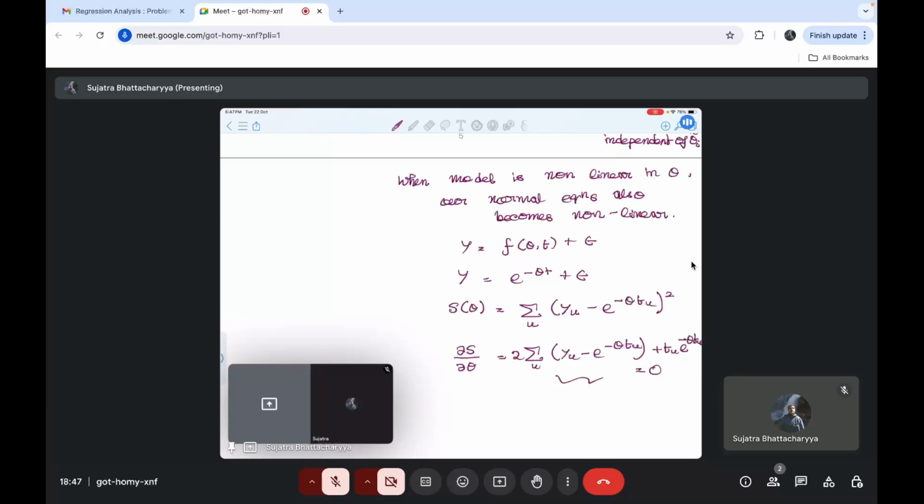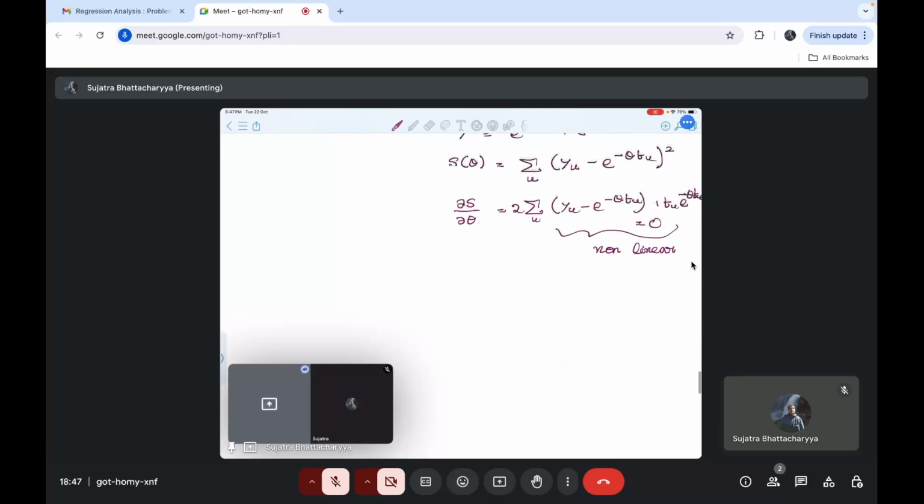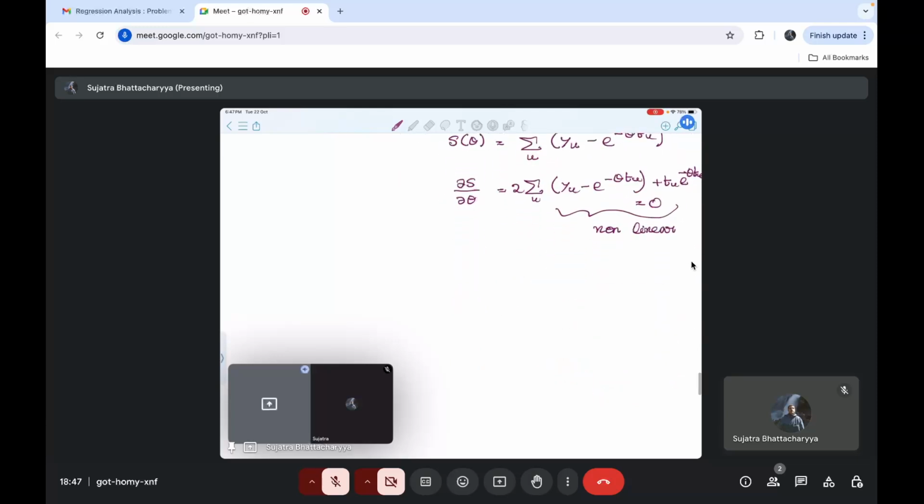This clearly shows this function is nonlinear, involving exponential terms and x times e to the power minus x. So these are all nonlinear equations.